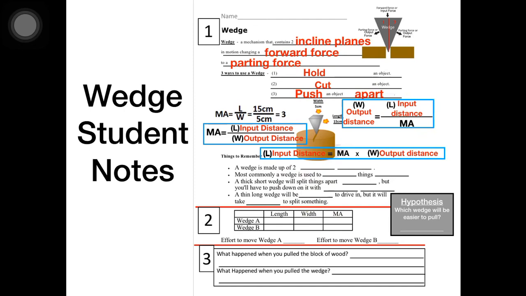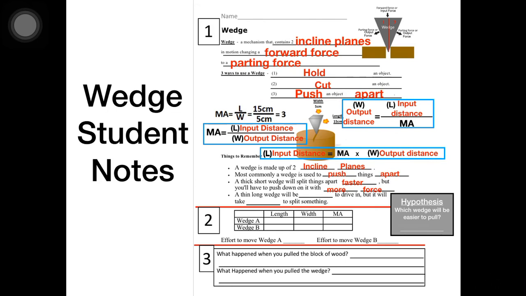Now let's go over a few things to remember. A wedge is made up of two inclined planes. Most commonly, a wedge is used to push things apart. A thicker, shorter wedge will split things apart faster.